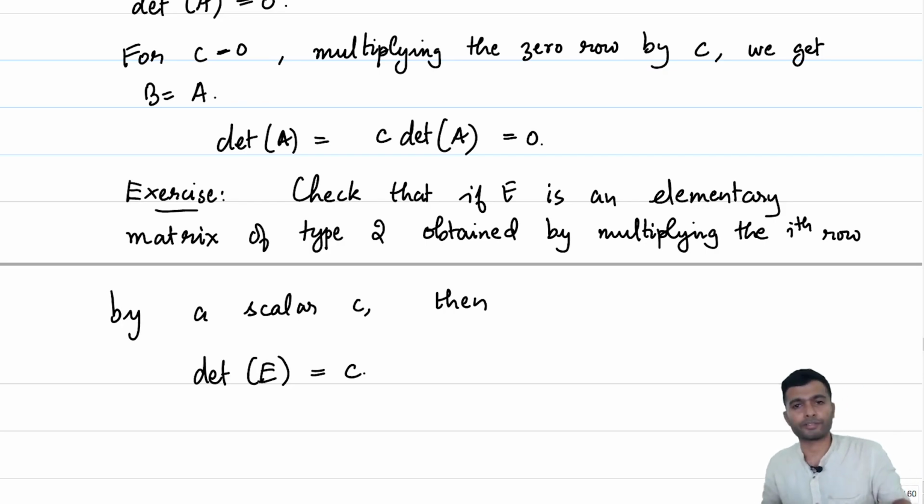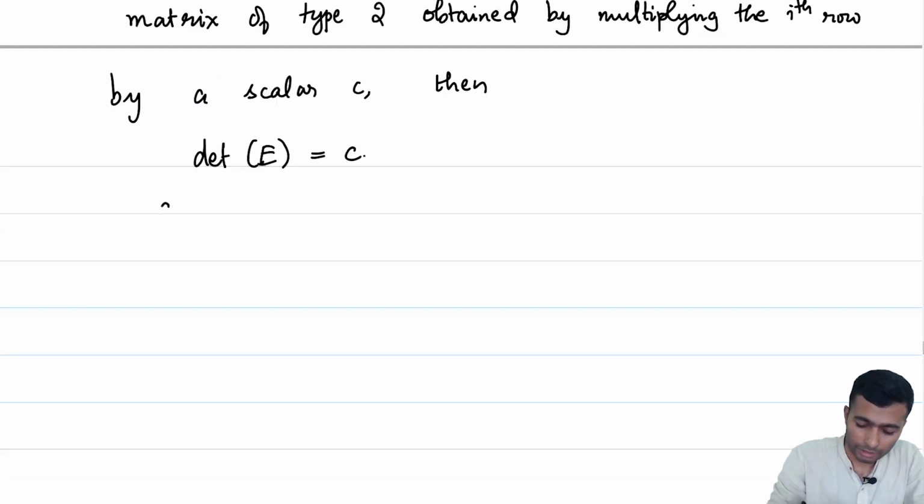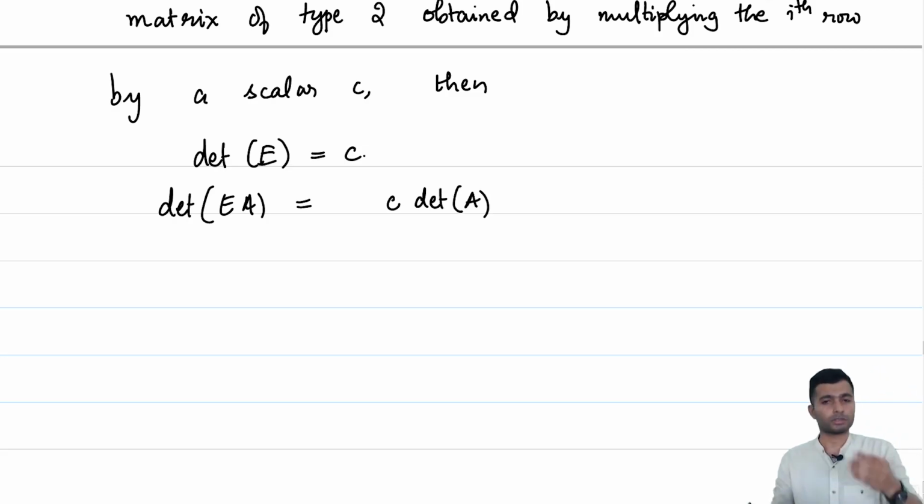Actually, this exercise is quite straightforward, because after multiplying one of the rows in the identity matrix by a scalar C, we end up with a matrix which has 1 in all the diagonal entries except that ith one, where it will be C, and therefore the product will just be equal to C. And therefore, what we have is determinant of E times A is again equal to C times determinant of A, because the ith row is getting multiplied by C, and we just saw by property 2 that it manifests in this manner.